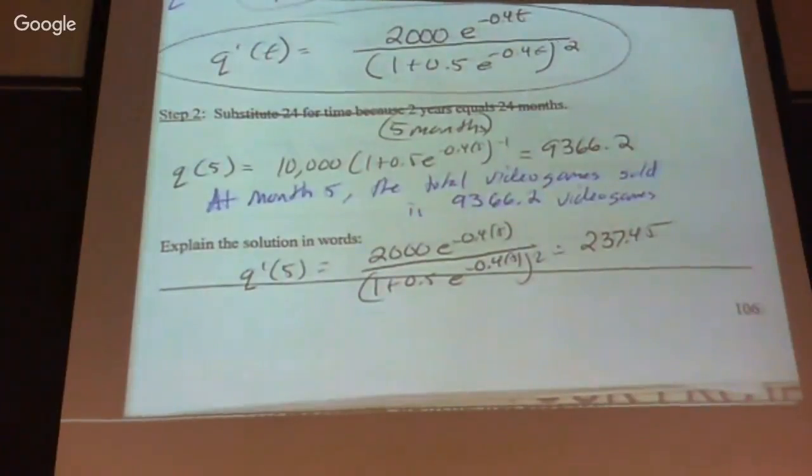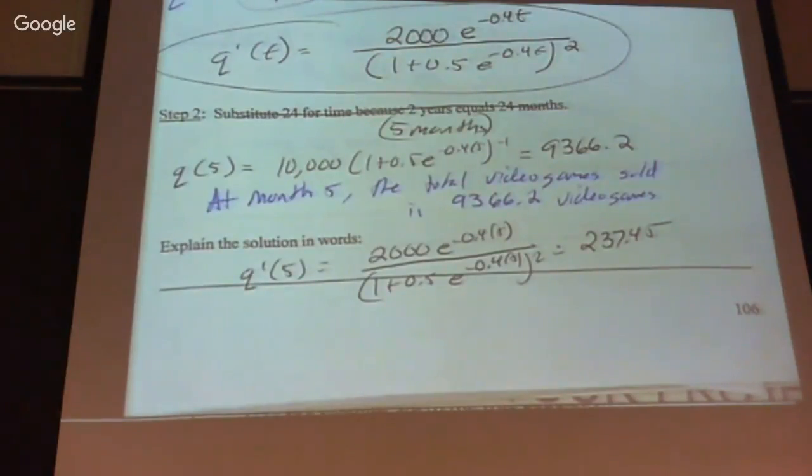The whole point of chapter 3 and 4. Right now, 5 months have gone by. I have sold 9,366 games. What is the derivative going to tell me? Next month, I'm expecting to sell how many? 237. Based on how things are going, I've got to be prepared for next month.